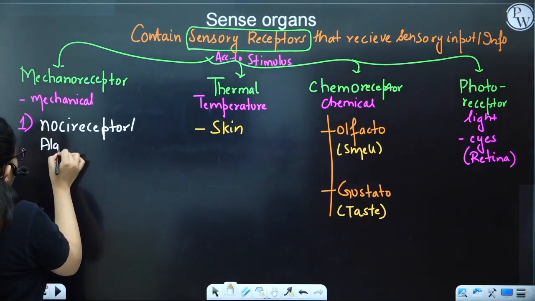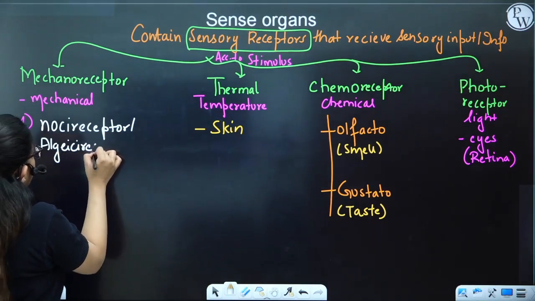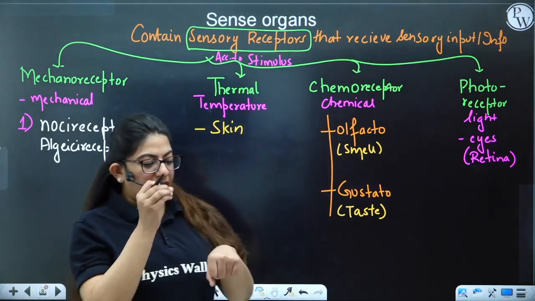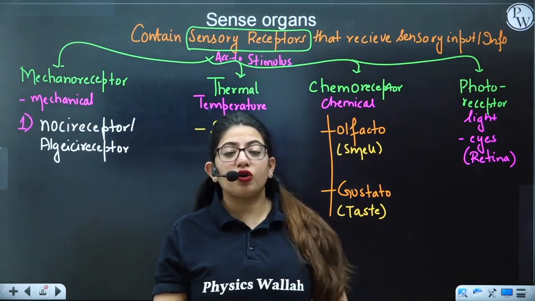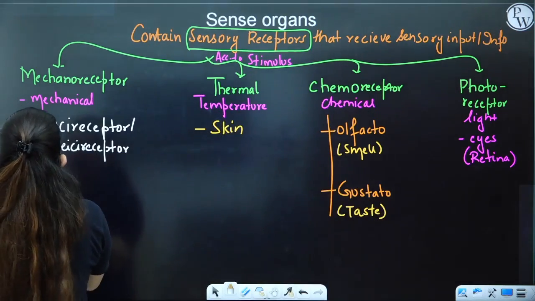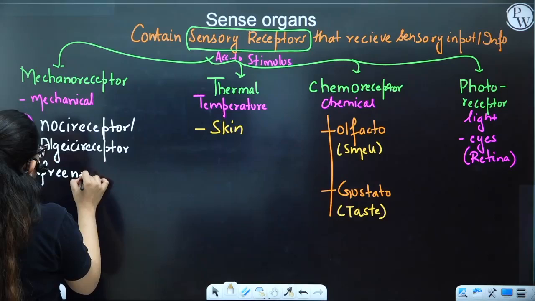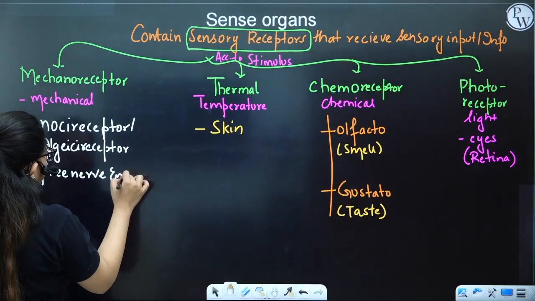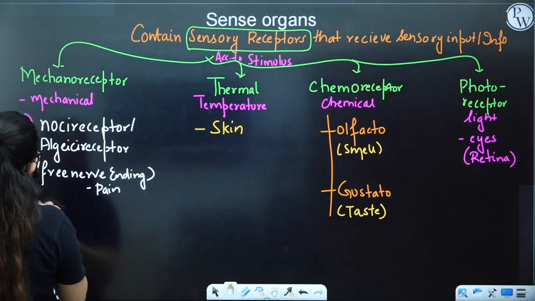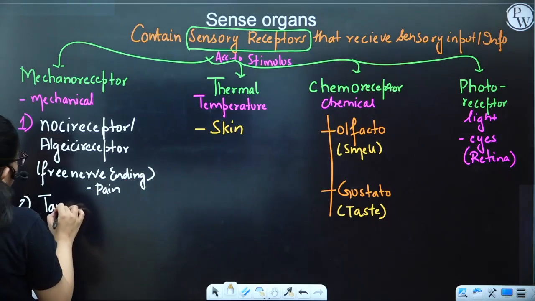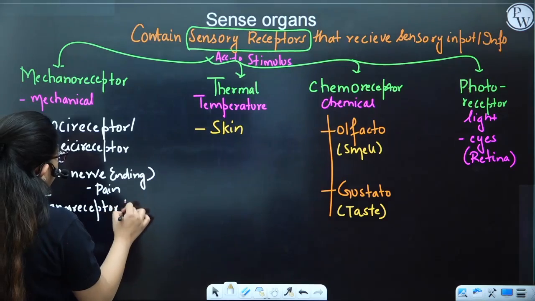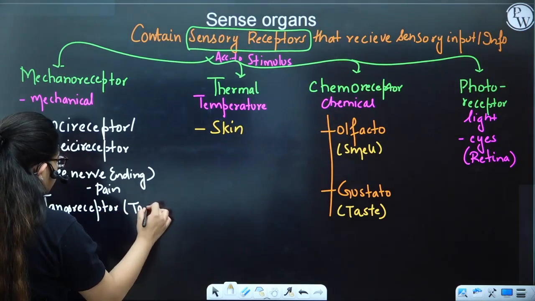Like I've told you, if you get slapped by someone, you feel pain. Or you get pricked by a needle, you feel pain. Why? Because on your skin, we have free nerve endings, and these act as receptors known as nociceptors. So these are for pain. Another example is the tango receptor, which is for touch and pressure.